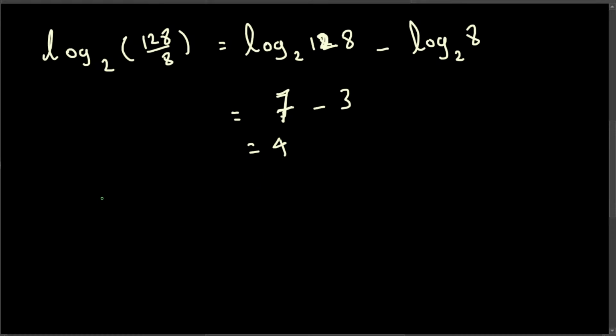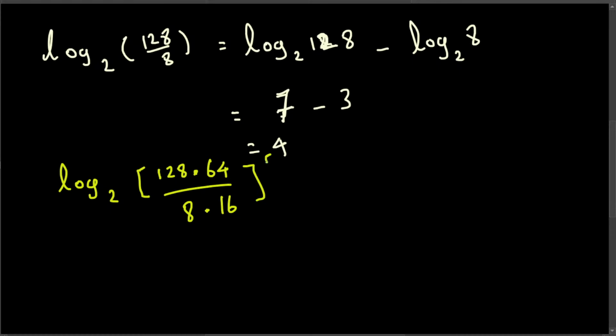Now let's look at another one. Let's say we have a question like this: log base 2 of 128 times 64 divided by 8 times 16, and also a power of 5. How can we simplify this? When we have this, we can bring the power to the front first.